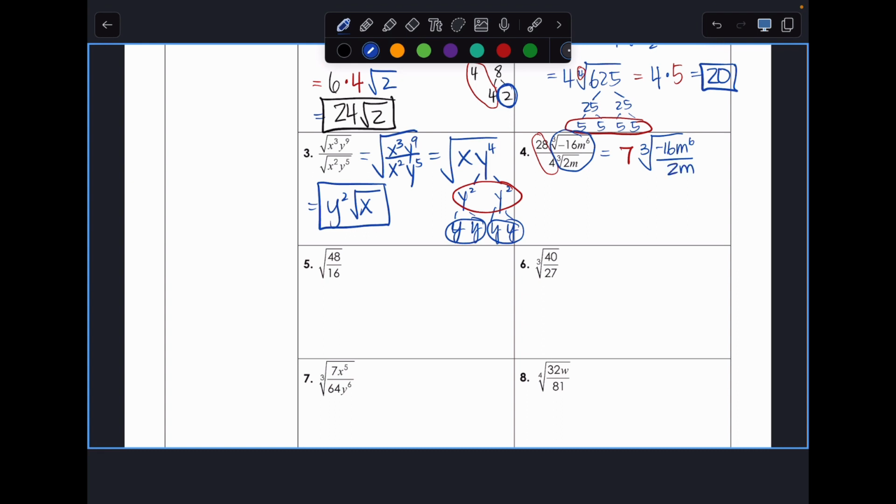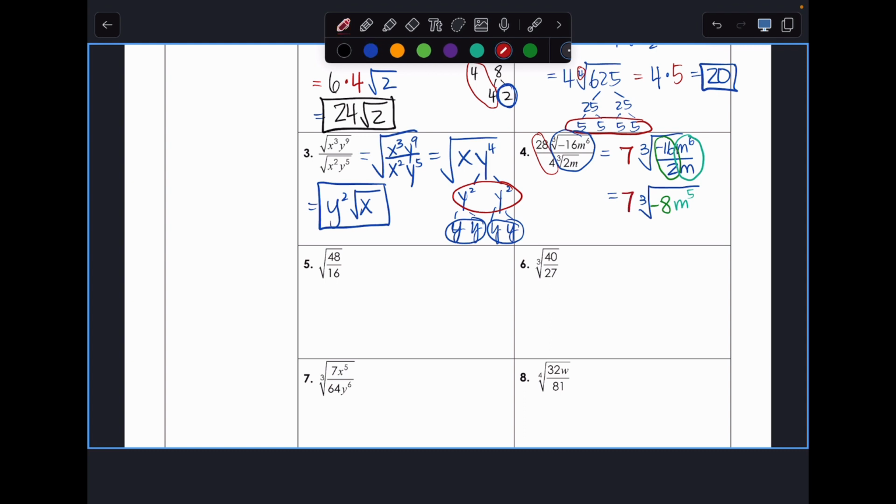What's negative 16 divided by 2? Negative 8. So this part right here is negative 8. And then right here, m to the 6th power divided by m. 5 left in the numerator, right? And then I have my cube root over that radicand, and 7 follows down.